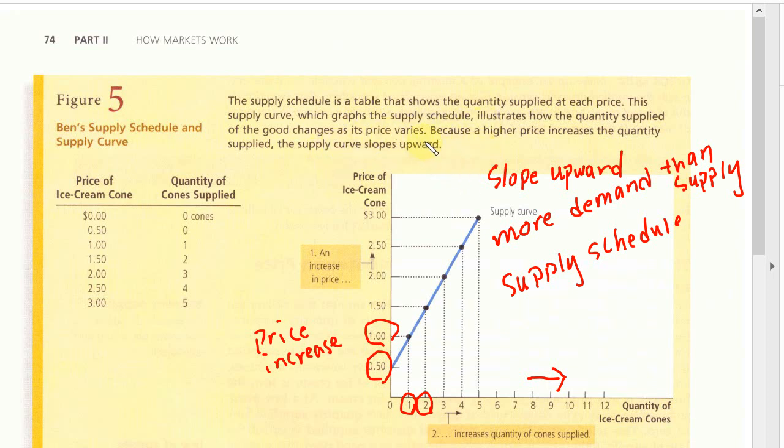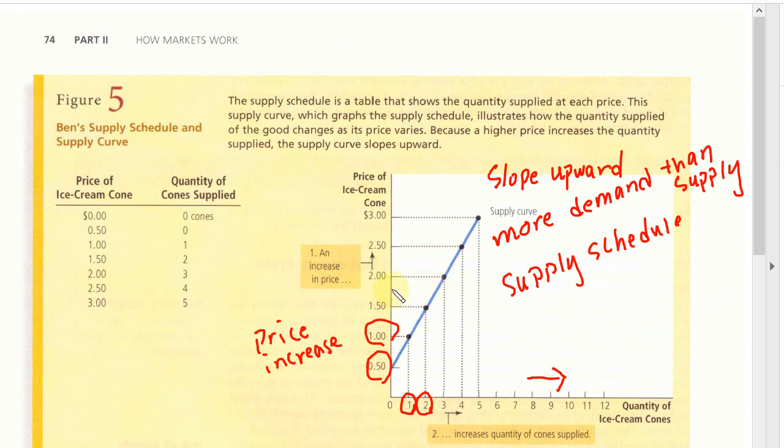This is the supply schedule and supply curve, and you will see how this graph is heading with an upward slope.